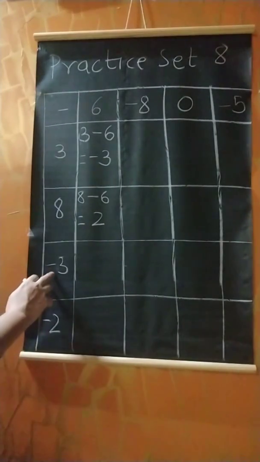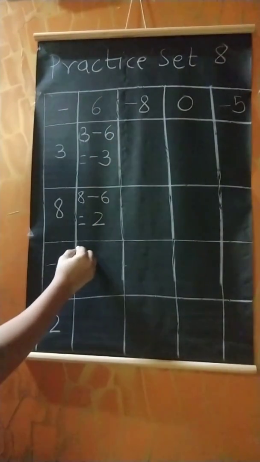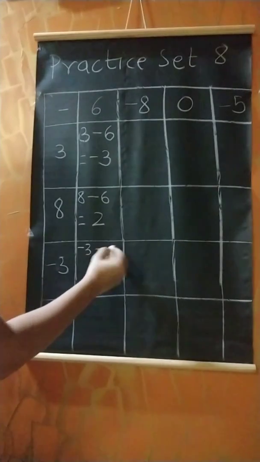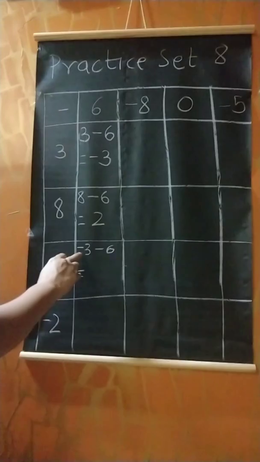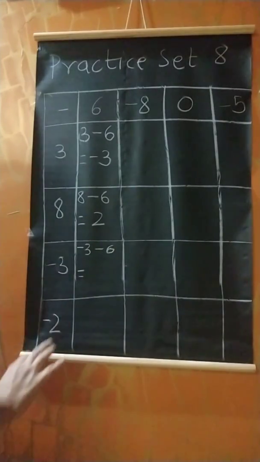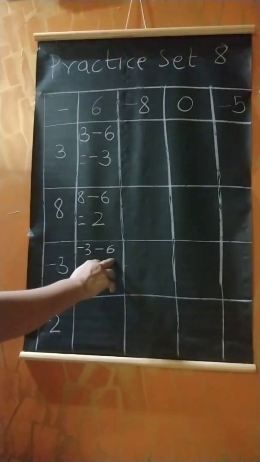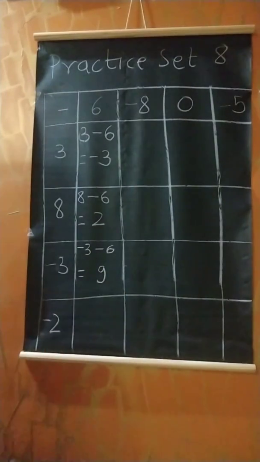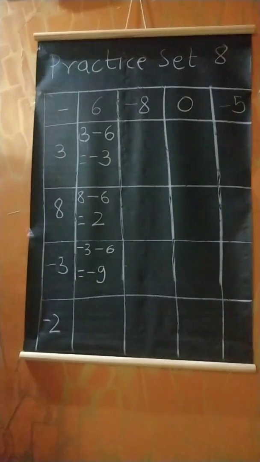Okay. Next, minus 3 minus 6. Now here both have the same sign, so you have to add these two numbers, right? So minus 3 and minus 6: 6 plus 3 is 9, and the answer gets the minus sign because these two have a negative sign.